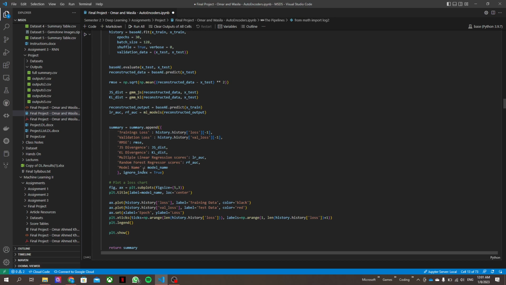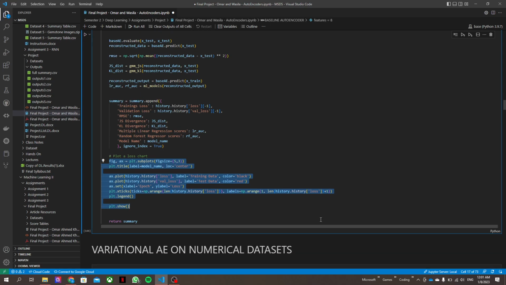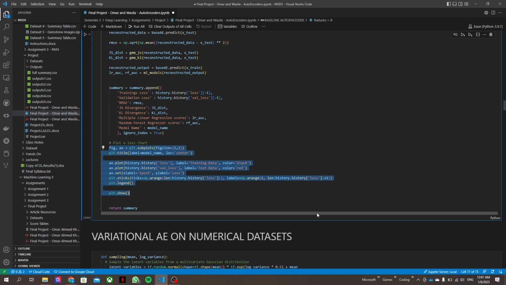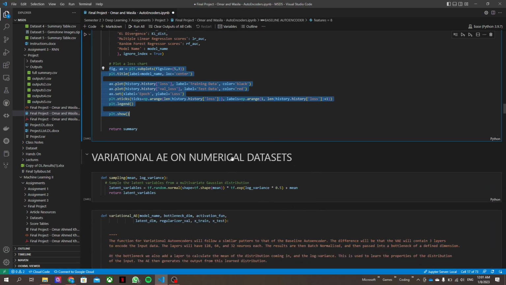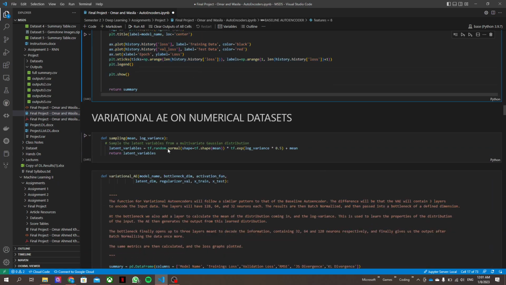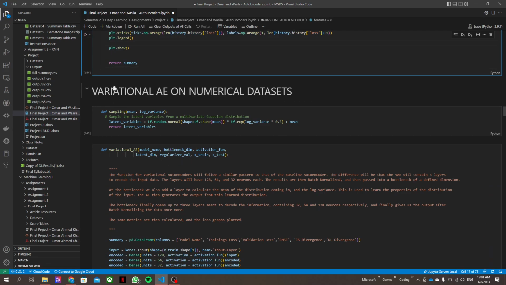The model name is essentially just used to identify what model we're referring to with the scores that we're going to be appending. And then after that's done, it also ends up plotting a graph, which is going to be your loss values for your training dataset versus your testing dataset for each data frame and on each autoencoder.